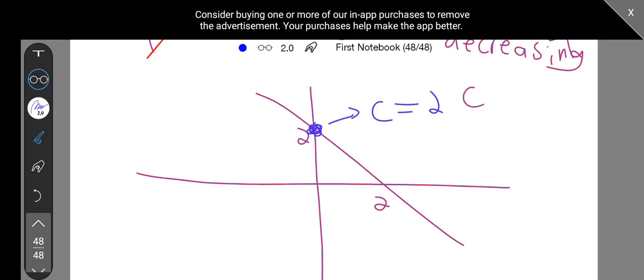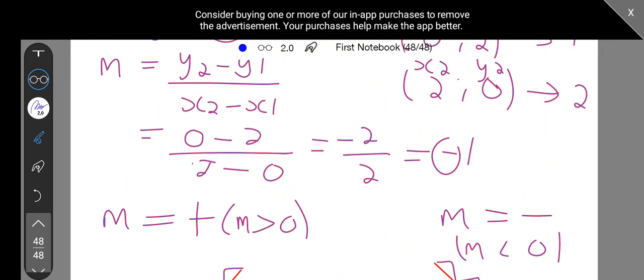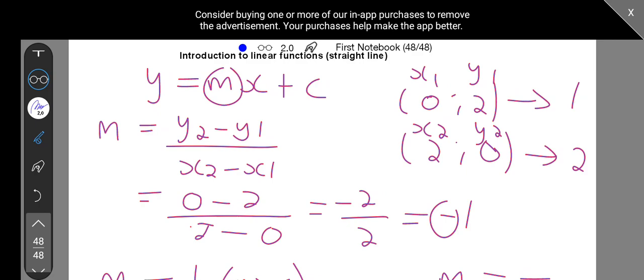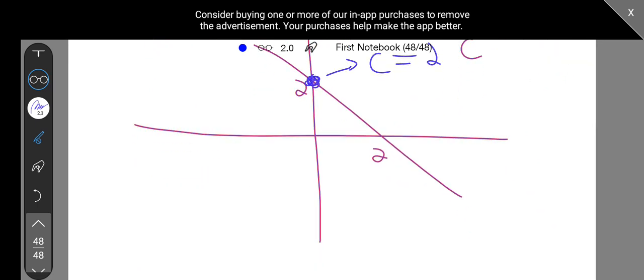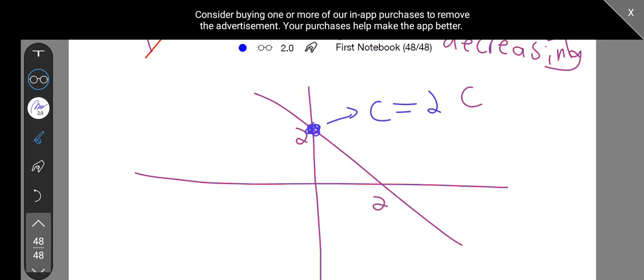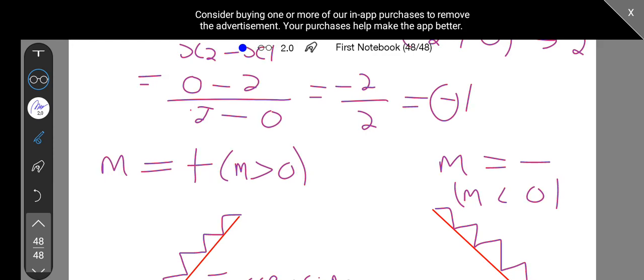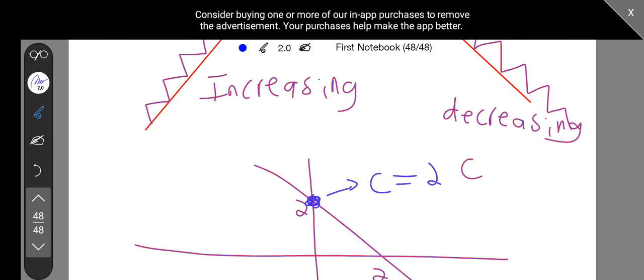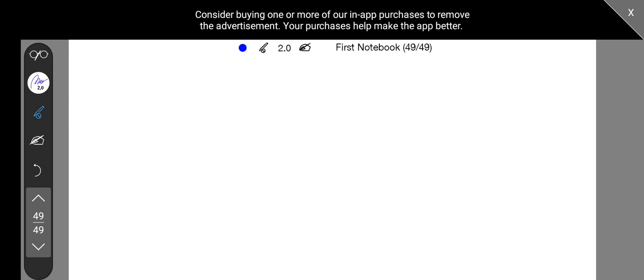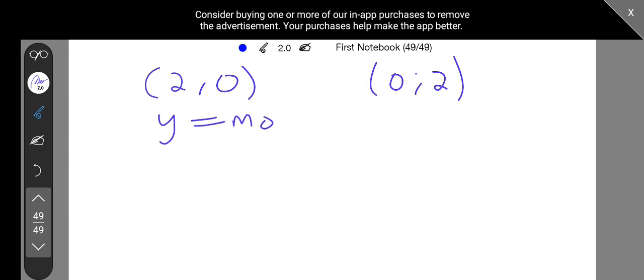Make sure you are able to calculate the gradient and find an equation. Sometimes they can just give you points and ask you to calculate or determine an equation. So let's move to the next page. Suppose you are given the points (2, 0) as well as the points (0, 2), and they say find the equation in the form y = mx + c.